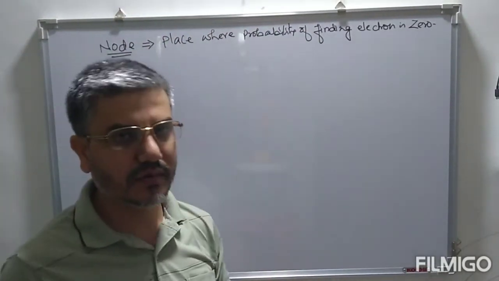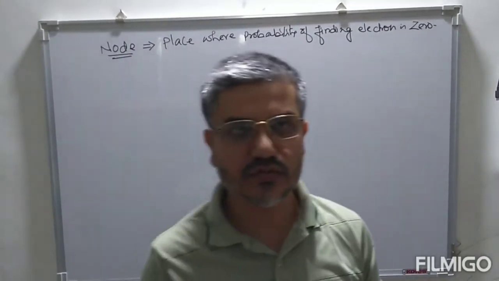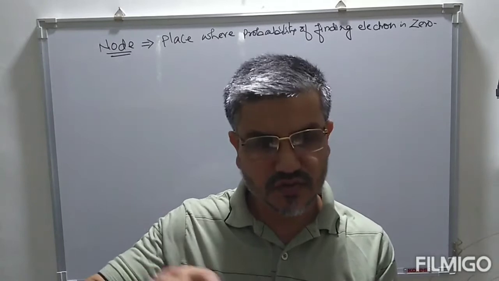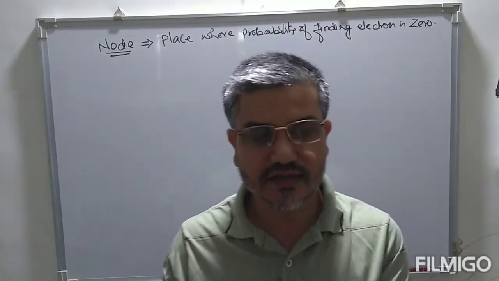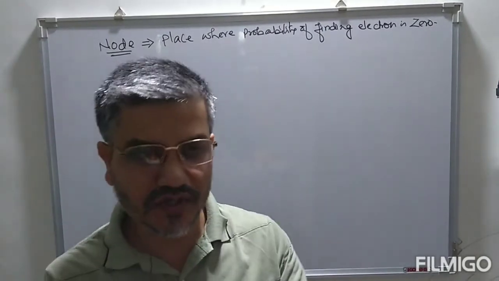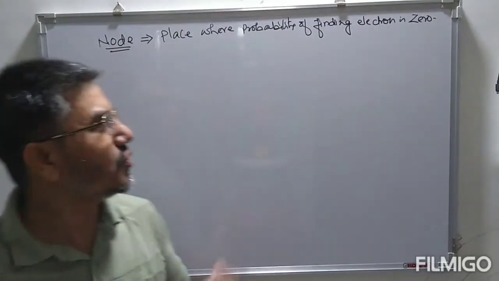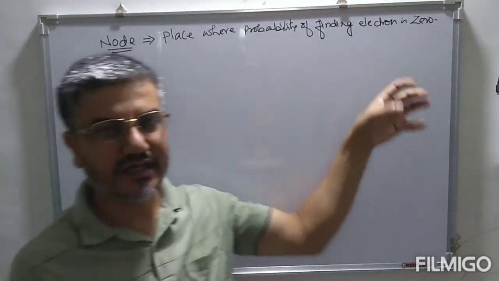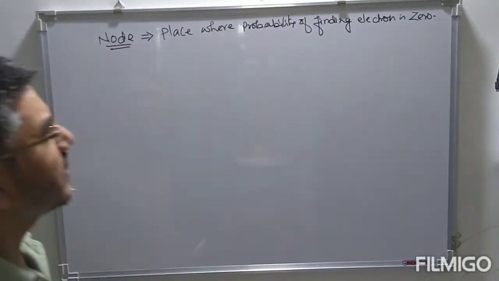So inside this atom, there are many areas where it is not possible to find the electron. Only those possible areas are known as orbitals, where the chance of finding an electron is maximum, and those particular areas where the probability of finding an electron is 0 are known as a nodal point or nodal plane.